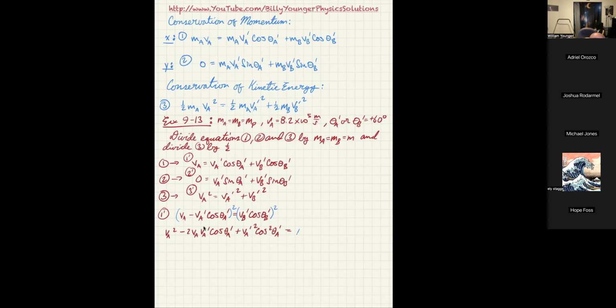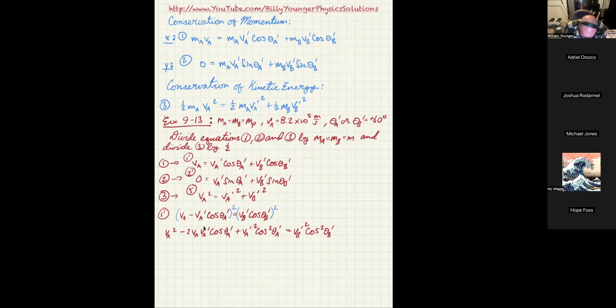Now, squaring the right-hand side is easy peasy because it's a single term. That just becomes VB prime squared cosine squared theta B prime. So this is a new expression we got, and that's super, super helpful, believe it or not. Now I'm going to do the same thing with equation 2 prime. I'm going to pull the VA prime term on the left-hand side, which is going to become negative, and the VB prime term will be on the right-hand side, but then I'm going to square them, so that'll get rid of all the negatives.